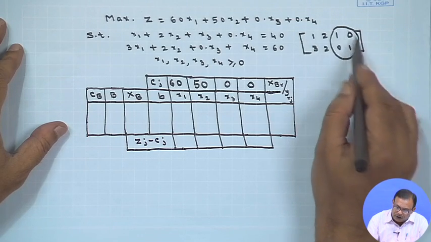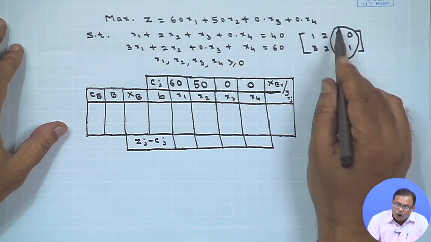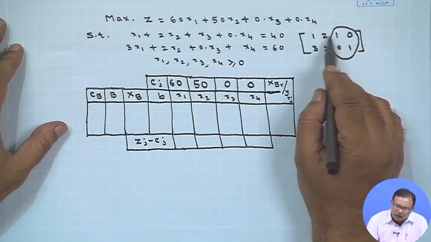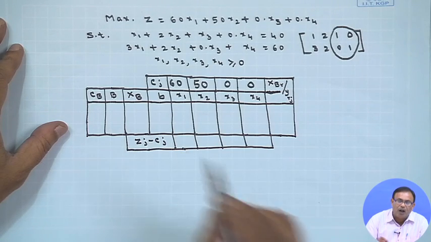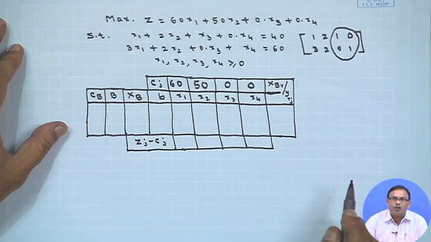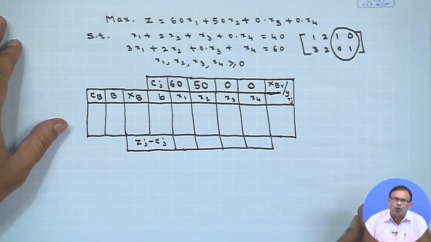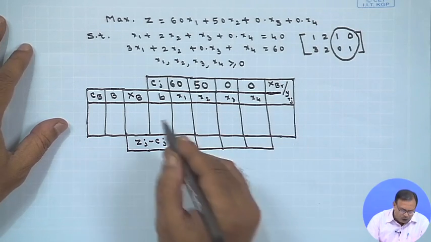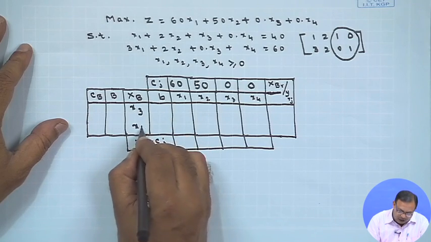I have to see where I am getting the unit matrix, and corresponding to this unit matrix, whatever decision variables are associated, those will be the basic variables. So, basic variables are those corresponding to the unit matrix which I am identifying in this constraint set. So, for xB I will write down x3 and x4.